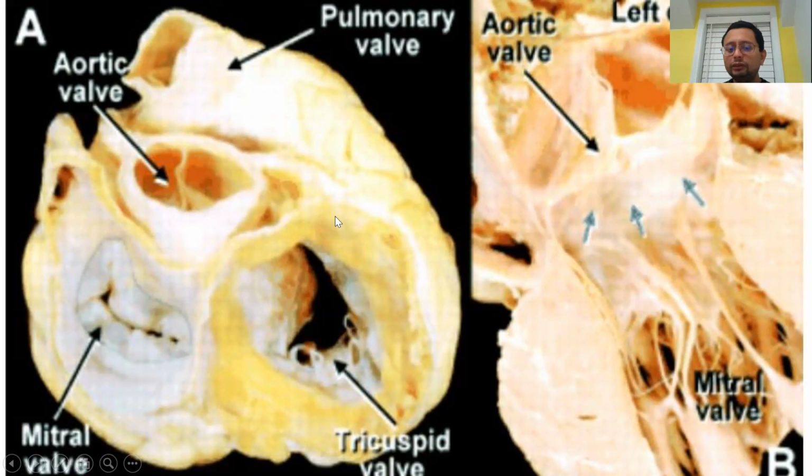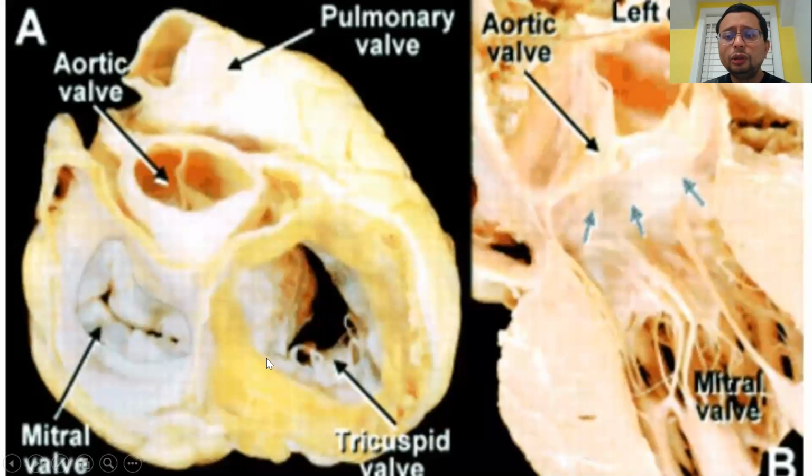That leaves us with the tricuspid valve, which is the valve between the right atrium and the right ventricle. Like its name, it has three leaflets: the septal leaflet, the anterior leaflet, and the posterior leaflet. Normally the septal leaflet is the largest one, and it is also immobile.